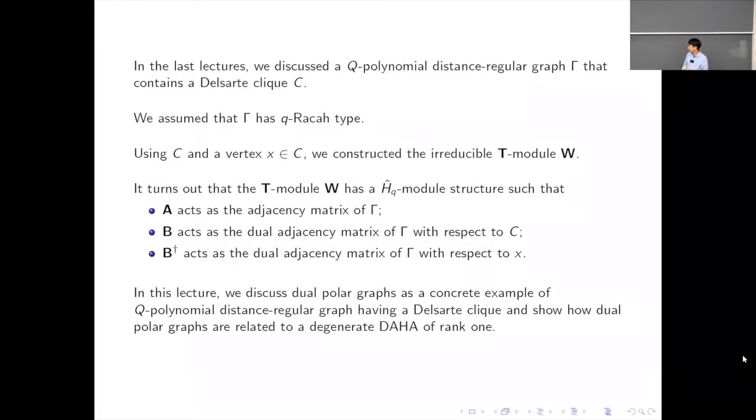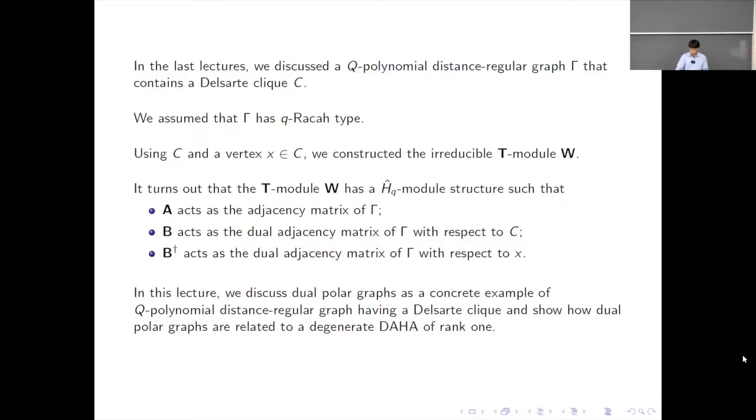Using the module structure for the universal DAHA, we cannot find any connection to the T-module W of dual polar graphs. So we need to find a reasonable, well-suited DAHA to get a connection. That is a certain type of degenerate DAHA. So we will see how the degenerate DAHA appears in our story.